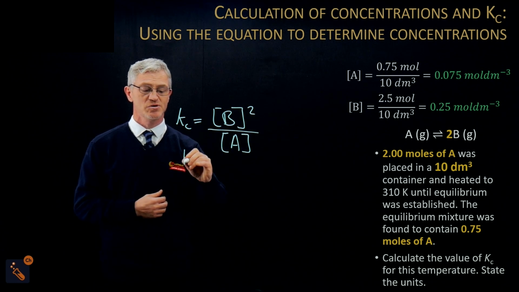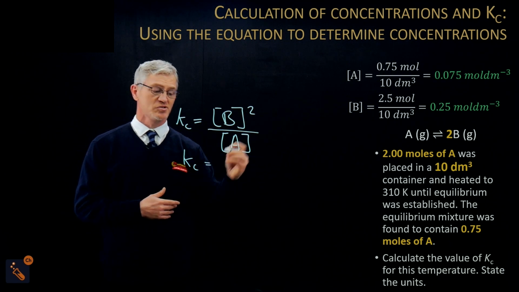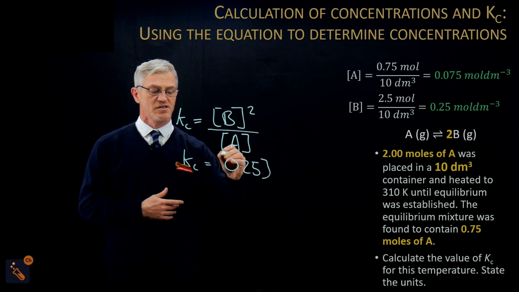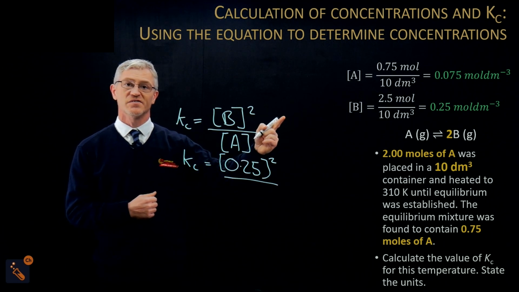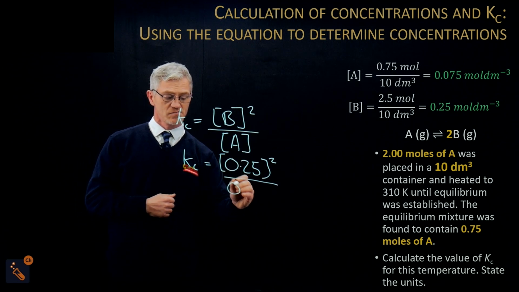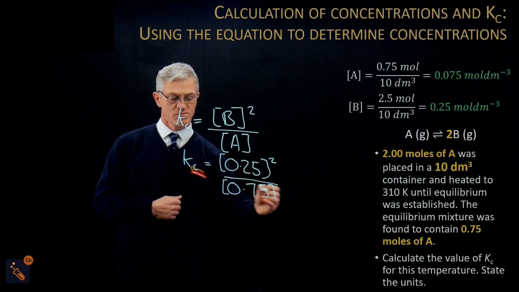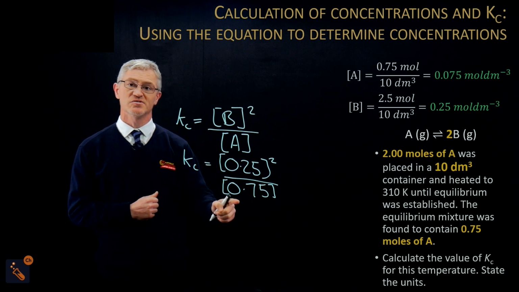All we need to do is put our numbers in. So B, we know is 0.25, and that is squared. Then we go for A. A is 0.75. So that's 0.25 squared divided by 0.75.